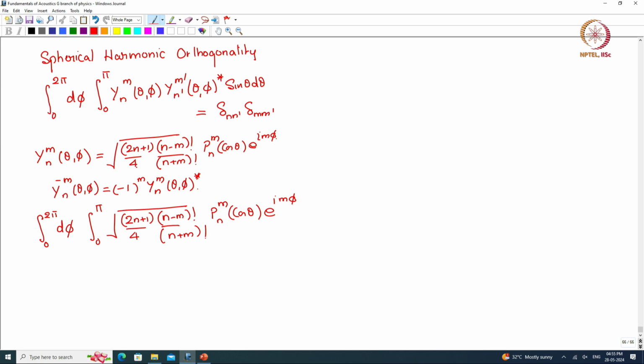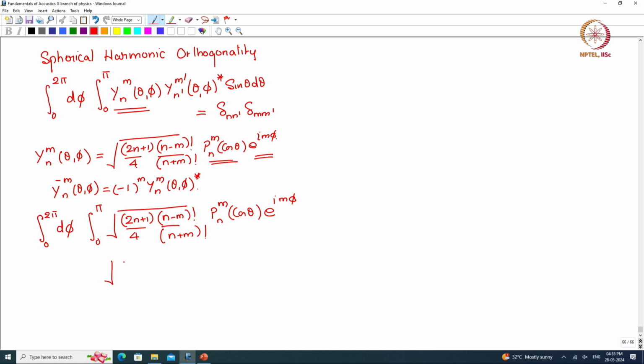Okay, that's Y_n^m(theta, phi), and Y_n'^m' conjugate. These are real functions, so conjugacy comes only here. So what is Y_n'^m'?